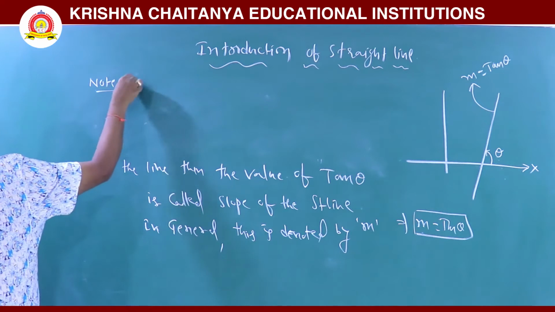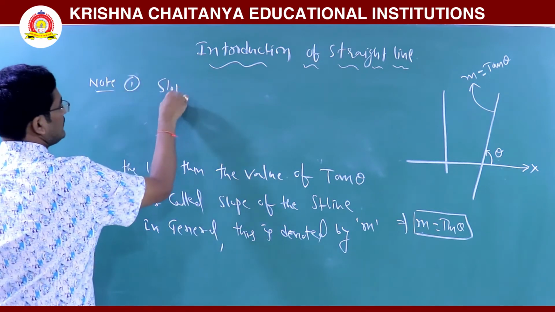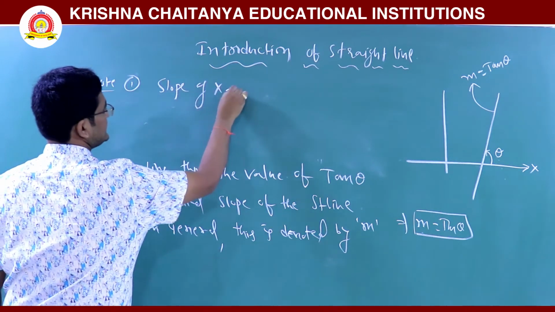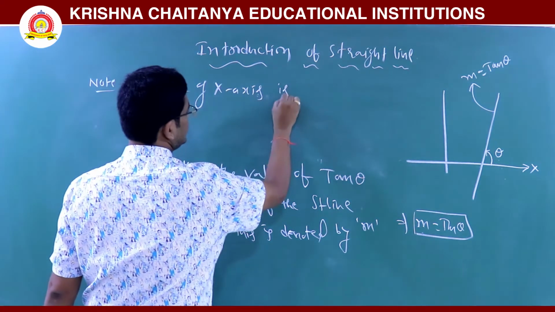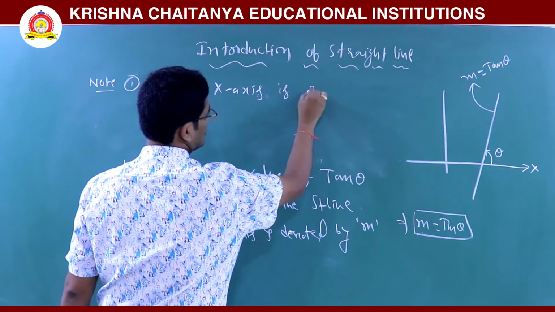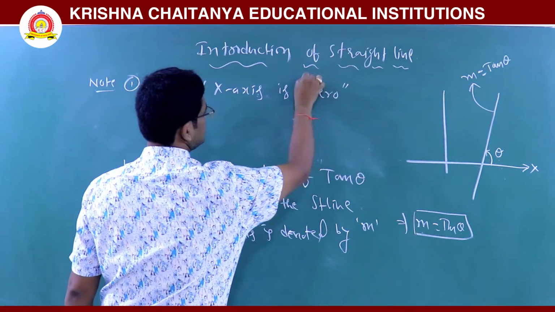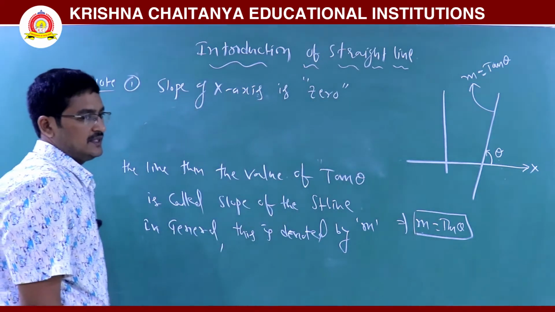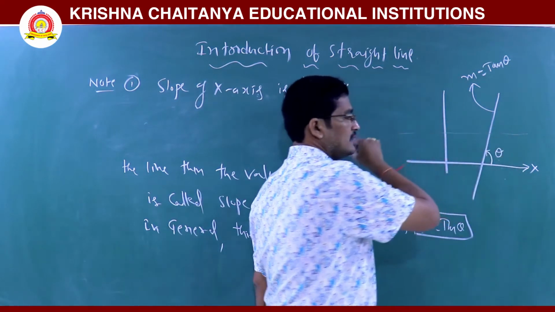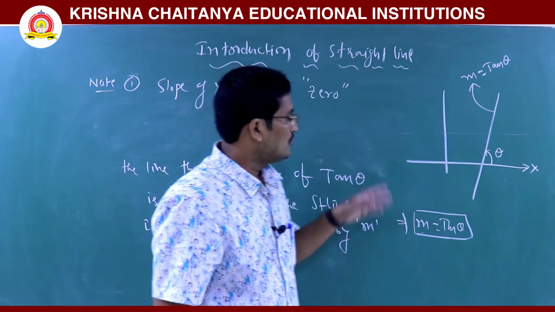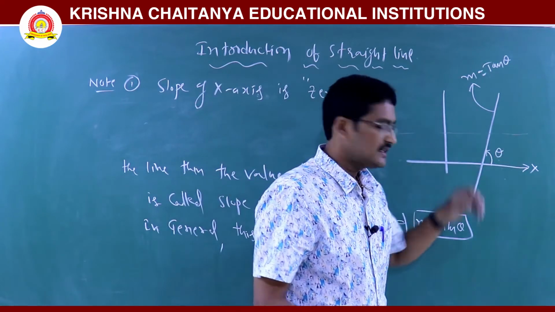Note point 1: slope of x-axis. The x-axis is also a line. Slope of x-axis is 0. Just you have to remember. In the similar way, suppose you take any horizontal line. Already you know what is the inclination of any horizontal line.